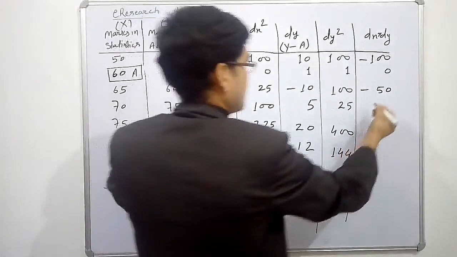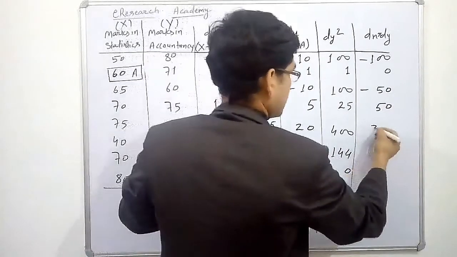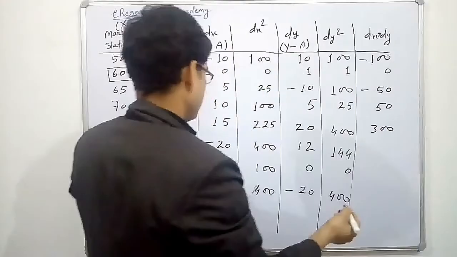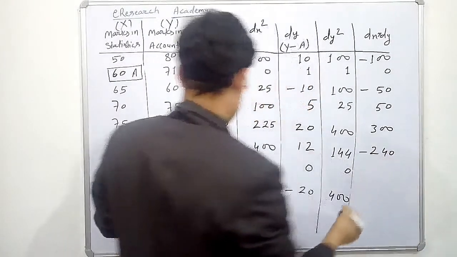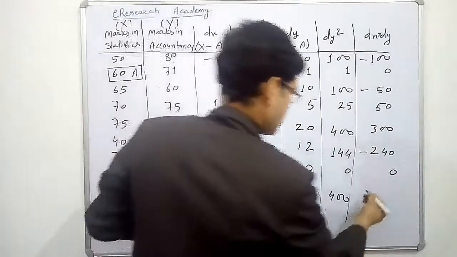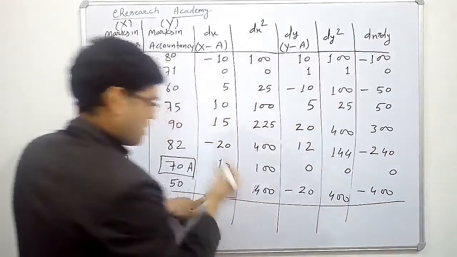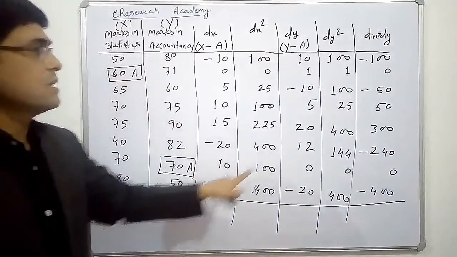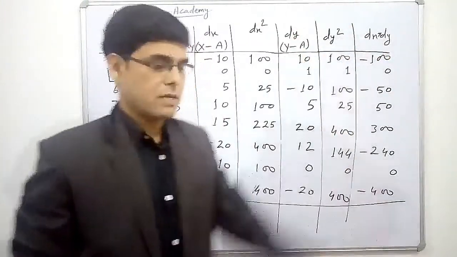Then 10 into 5, 50. 15 into 20, 300. Minus 20 into 12, minus 240. 10 into 0, 0. 20 into minus 20, minus 400. So these are our dx times dy values.